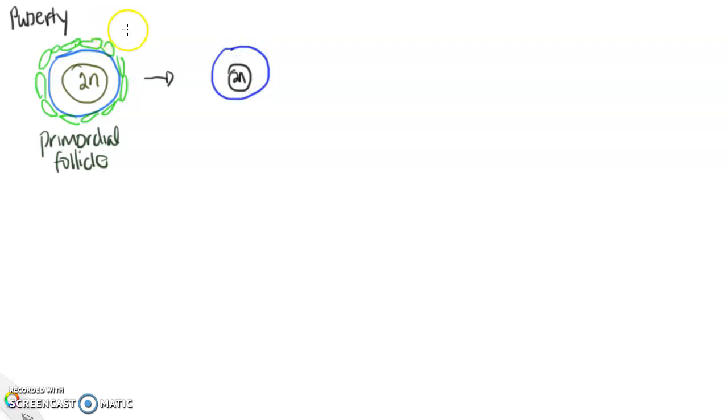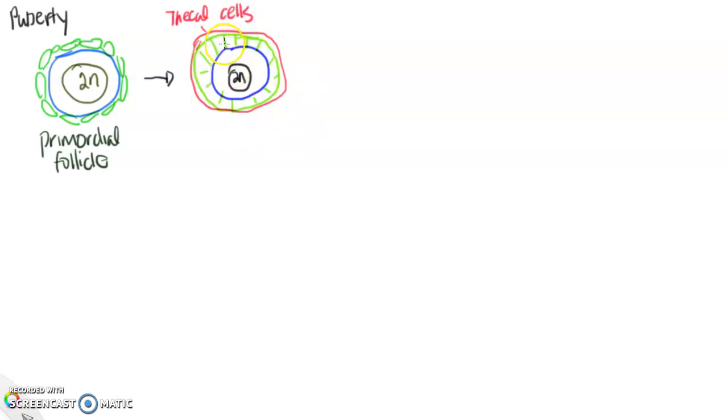Okay, and the follicle still looks like this, and these granulosa cells start to enlarge. So they enlarge and look kind of like cuboidal cells. And outside of here develops this layer of cells that we call thecal cells.